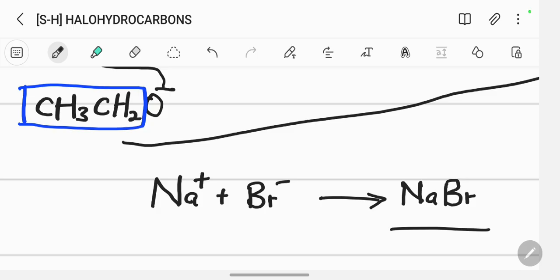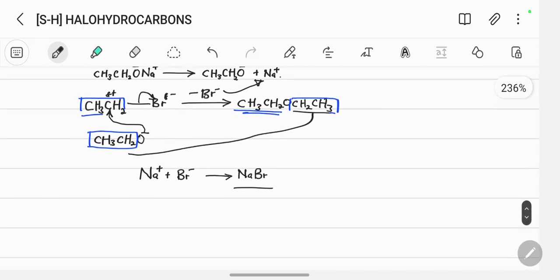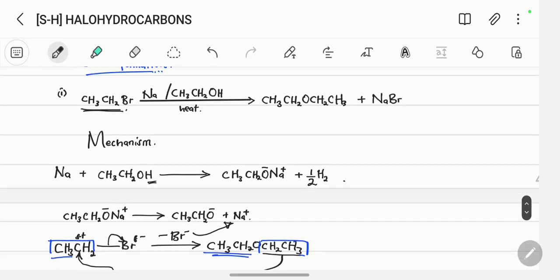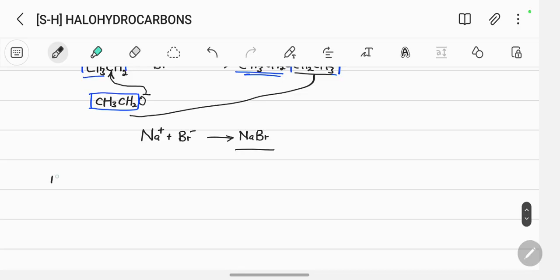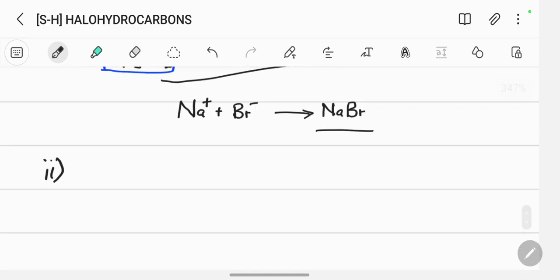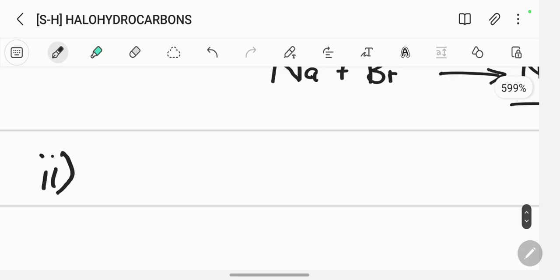So someone may want to use maybe a hydroxide. For example, you may think of using a hydroxide instead of that metal. For example, let me use a benzene ring.